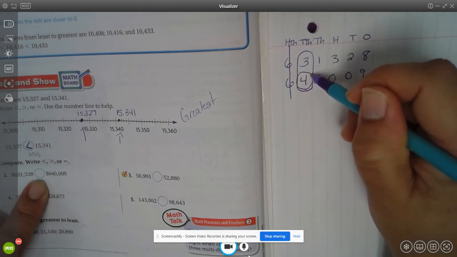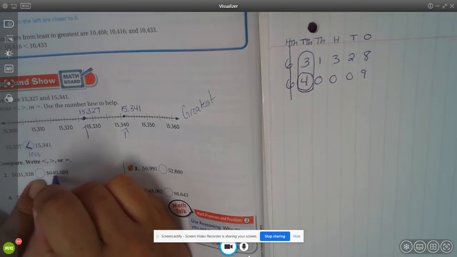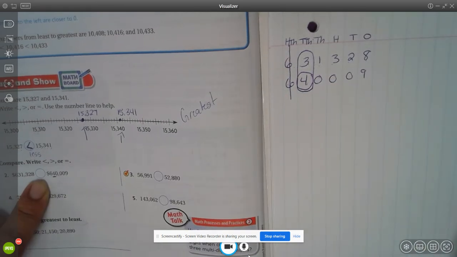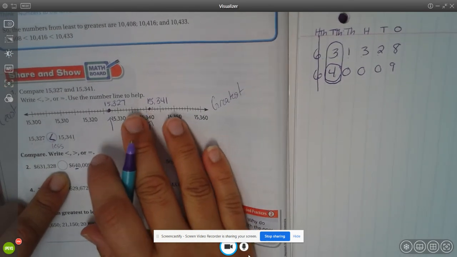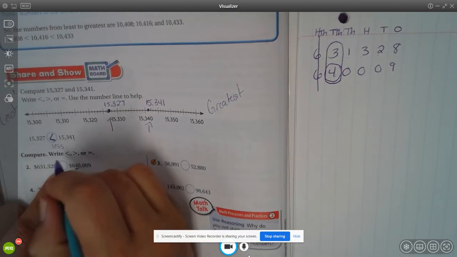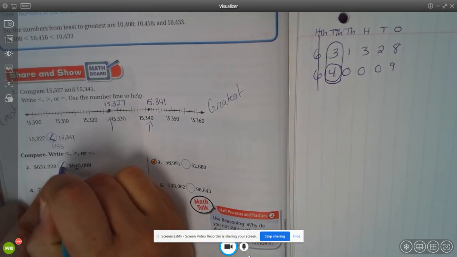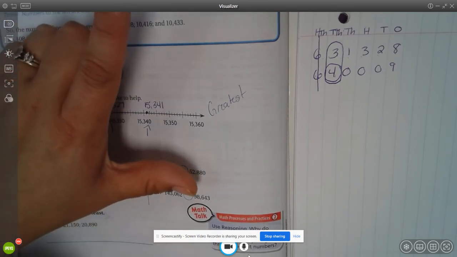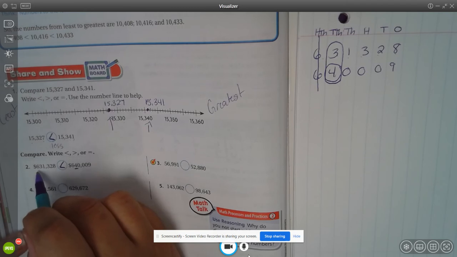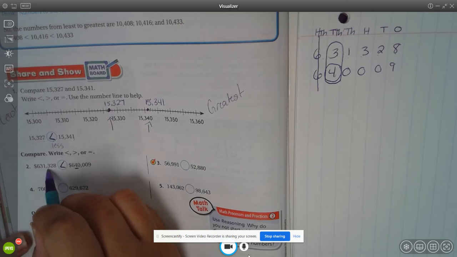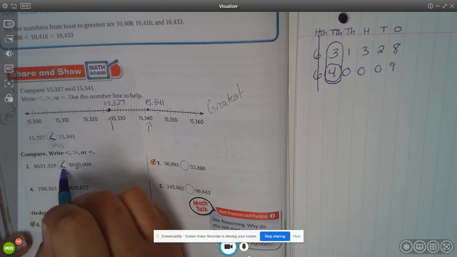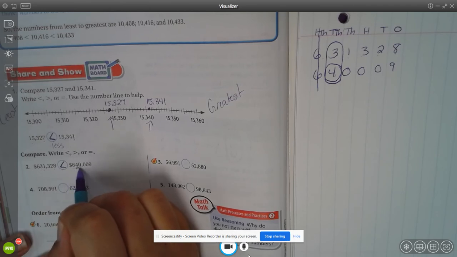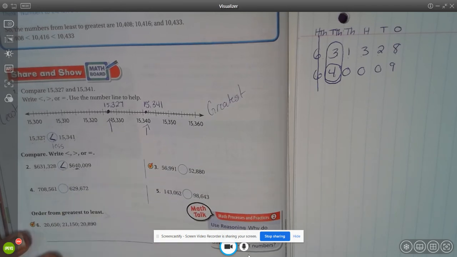We make sure the mouth is open towards the number with the 4 in the 10,000s place, so we can recognize that number is larger. Then think about what sign that is. It opens and it looks very similar to an L. So when we read this statement, 631,328 is less than 640,009.